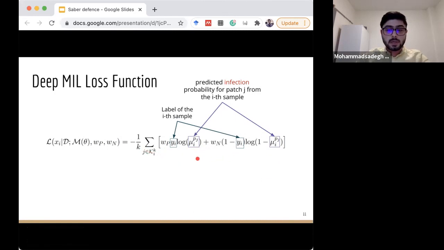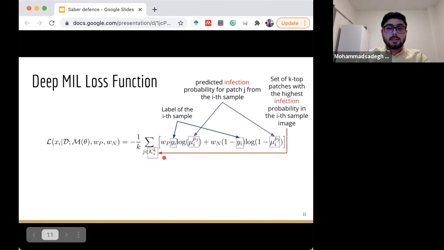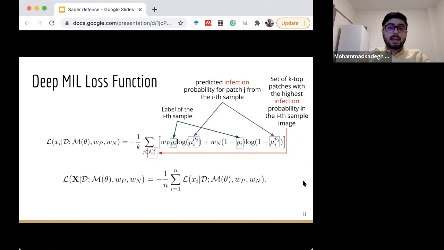We then sum up this function value for all of the patches that are in the set of k-top patches with the highest infection probability for the i-th sample image and average them.